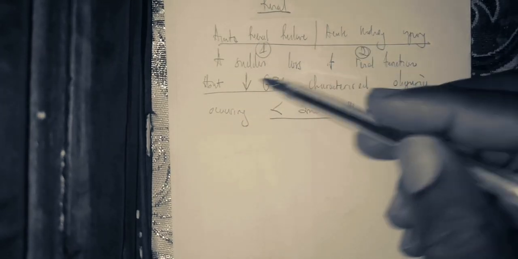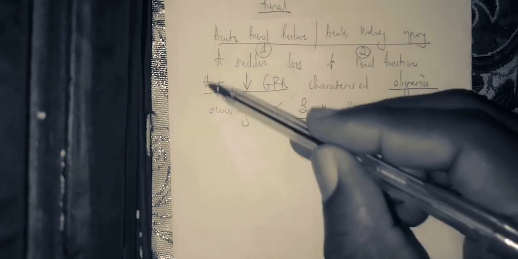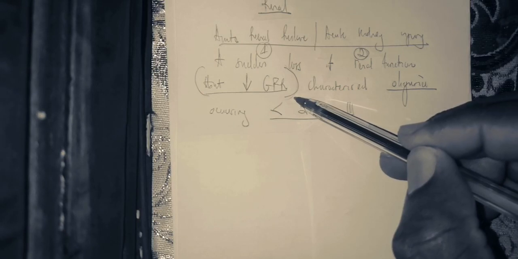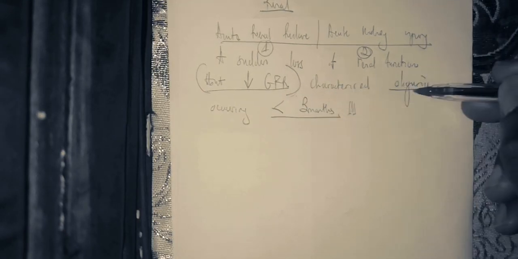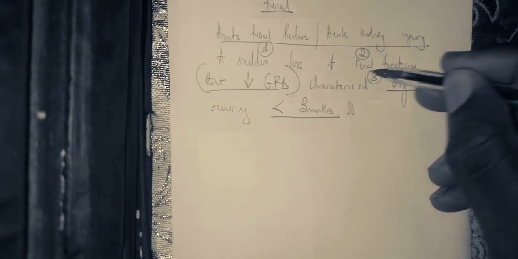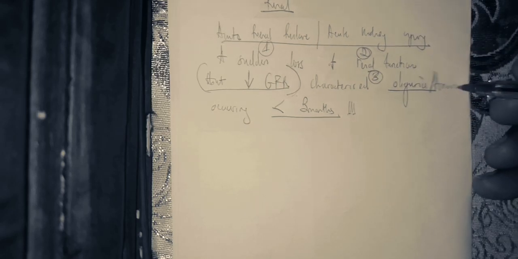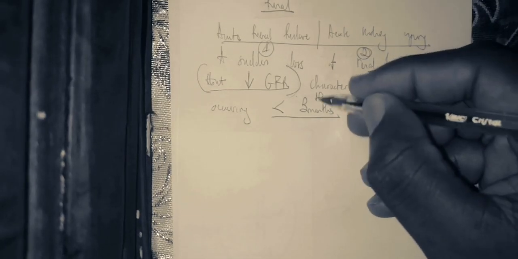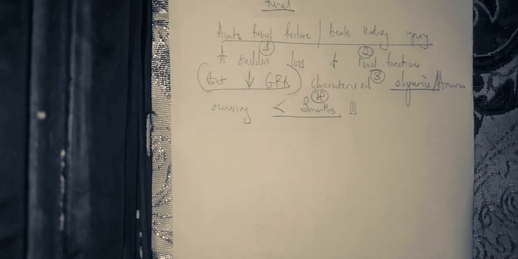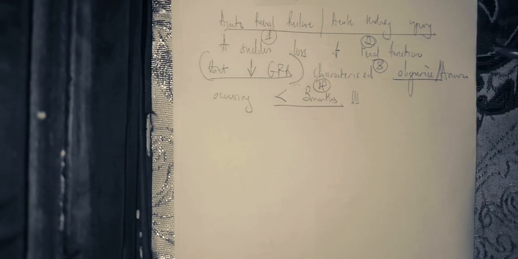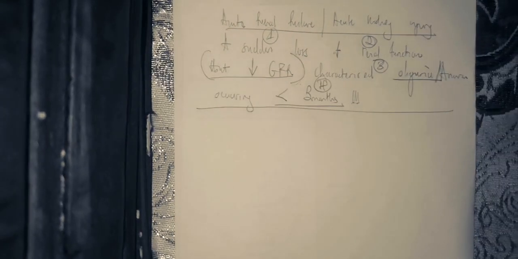That renal function consists of a reduction in the glomerular filtration rate, and it is characterized by oliguria or anuria. That is the third element, and then the fourth element is that it's occurring less than 3 months. Is it clear?